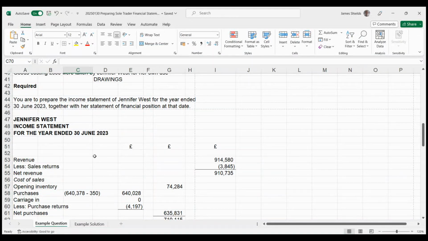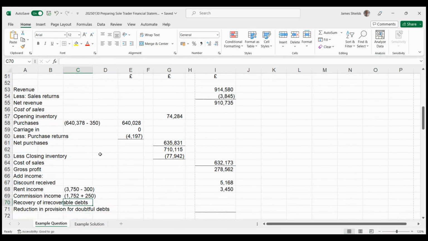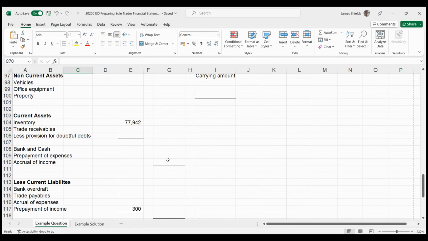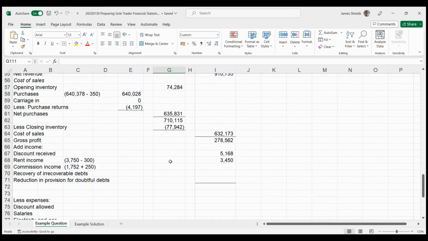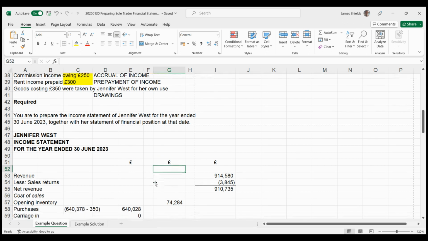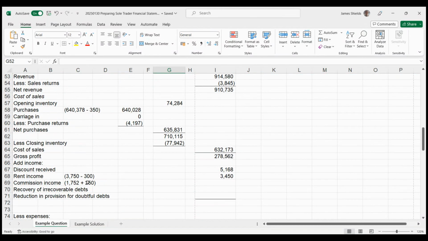Now it was owing to us, that's accrual of income, and that goes in our statement of financial position, £250. So I can highlight the £250 now. So back to my little calculation now. So commission income is going to be 1752 plus 250 to give us £2,002.